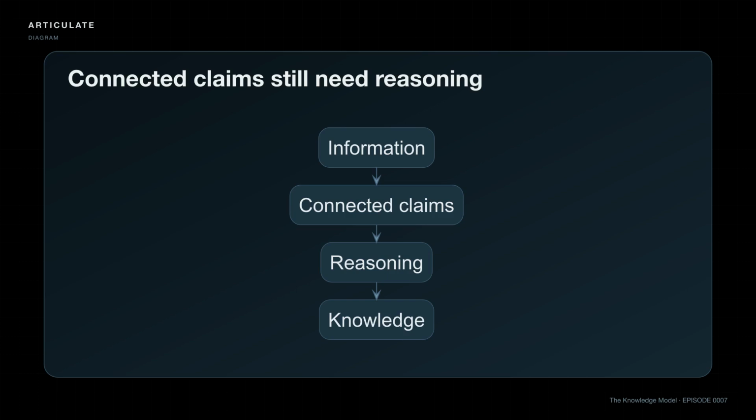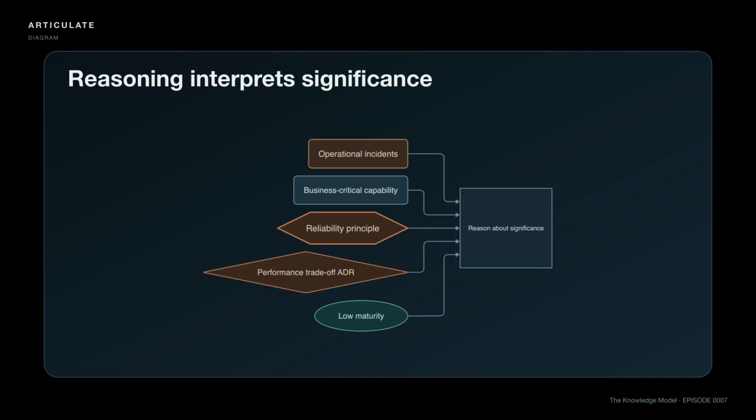For example, imagine Articulate discovers that a service has suffered several operational incidents. On its own, that's just another claim. But it also understands that the service supports a business critical capability, that reliability is one of those architectural principles, that an earlier ADR accepted a trade-off in favour of performance, and that the current maturity of that area is relatively low.